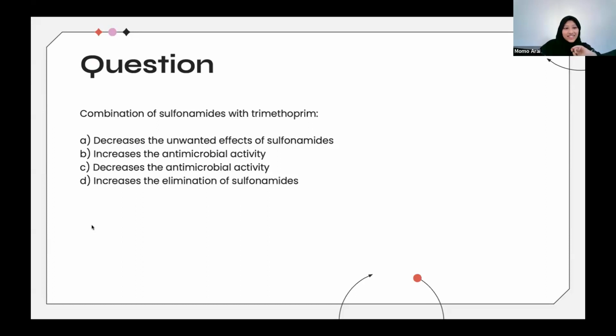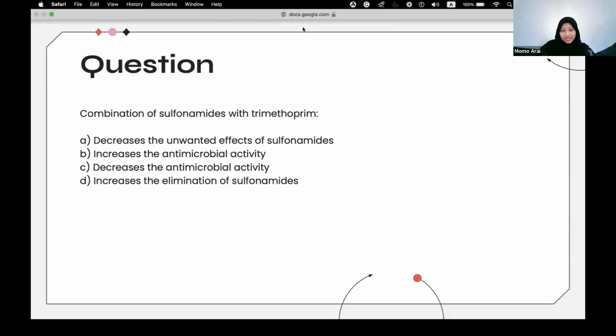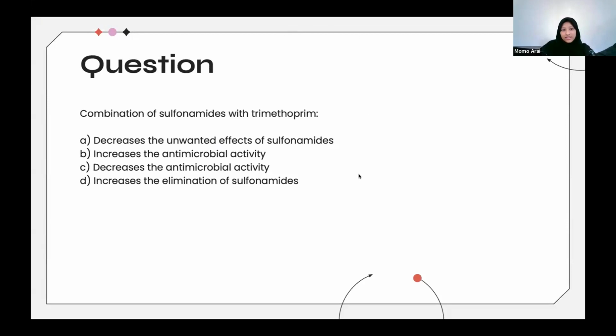This is kind of easy, but combination of sulfonamides with trimethoprim does what? Which of the following? Okay, one person said B. Does anyone have other answers?